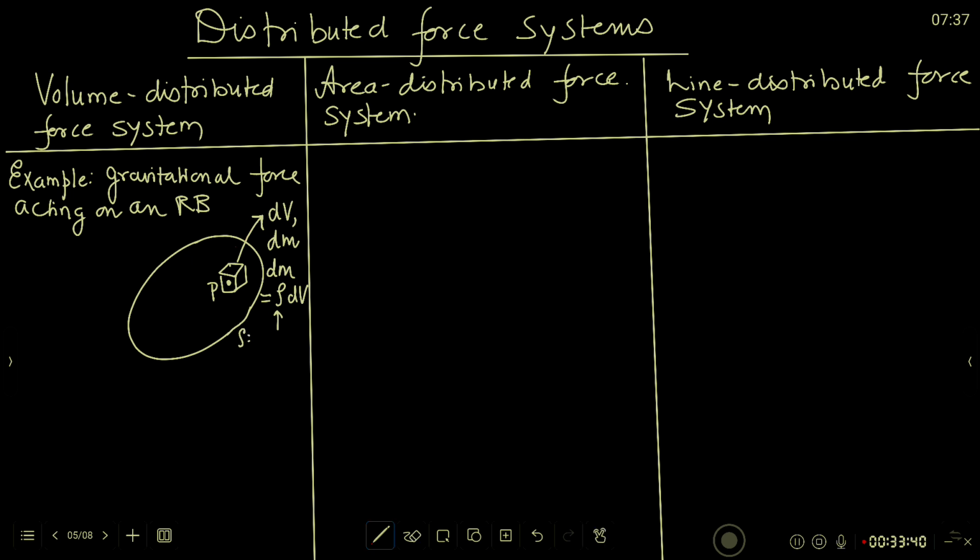Rho is the density of RB material at P. Now this rho can be uniform across the RB, or it may be varying. There are several rigid bodies wherein we find that the density changes with location.